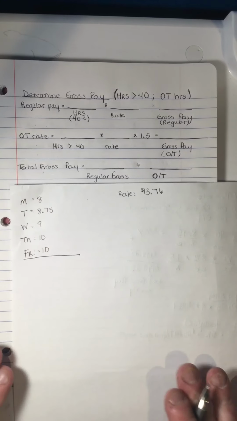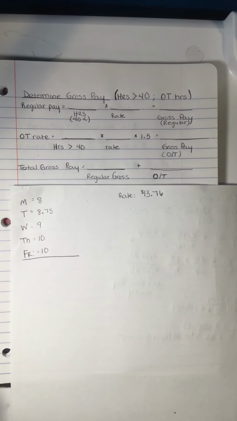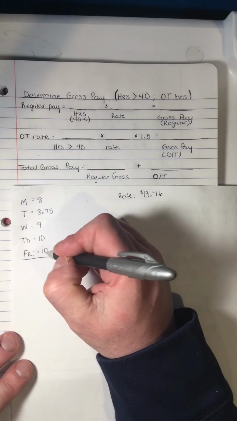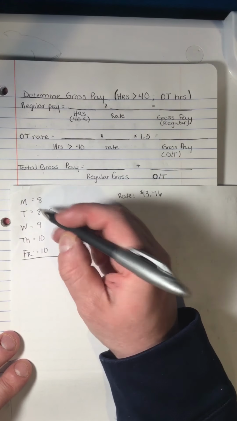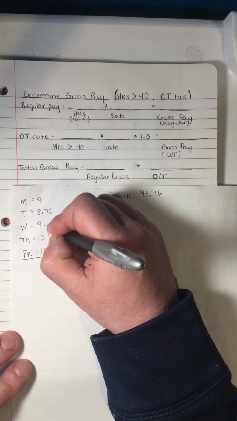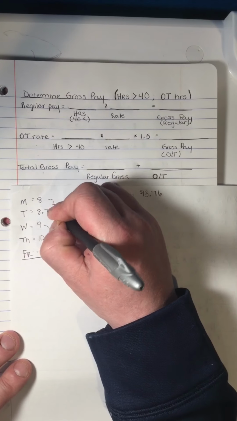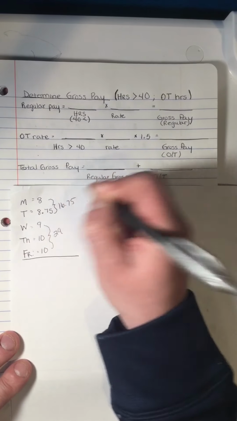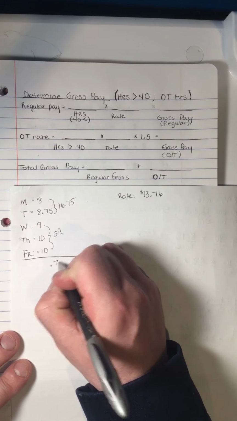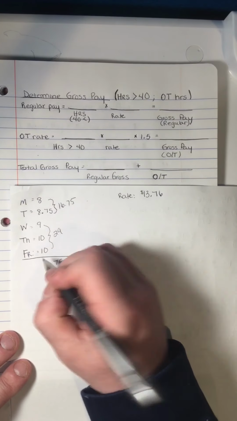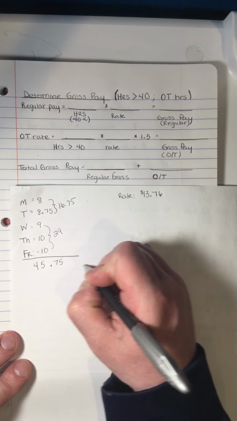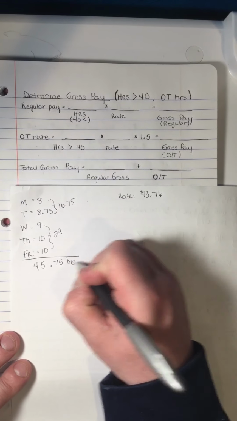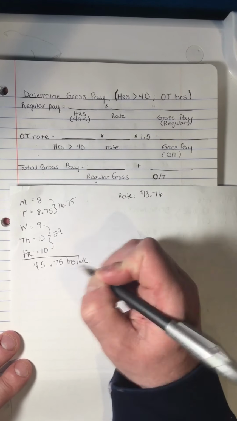First step we need to do is find out how many hours this week we worked. So when we add these up, we get 45.75 hours in a week.